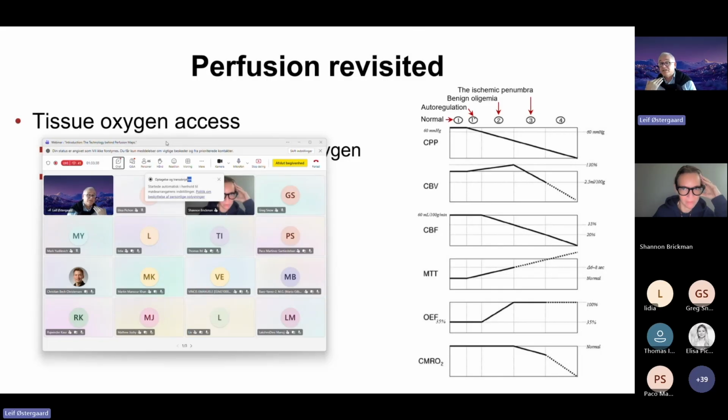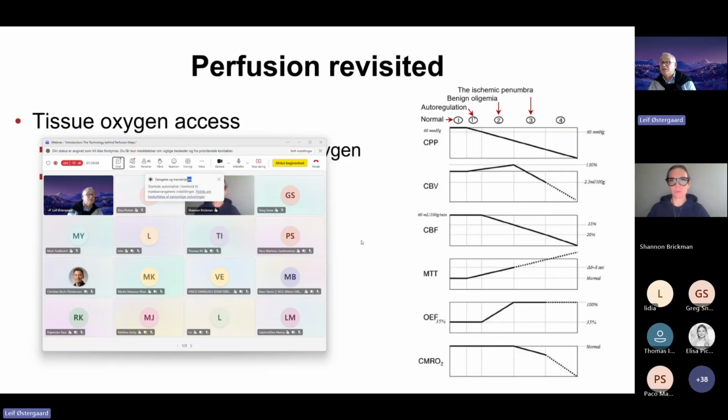And also in stroke, it's very difficult to measure there, but a high oxygen extraction is a very bad sign because it means that there's simply not enough blood flow coming in to support the needs of the tissue, meaning that it's extracting more than normal.